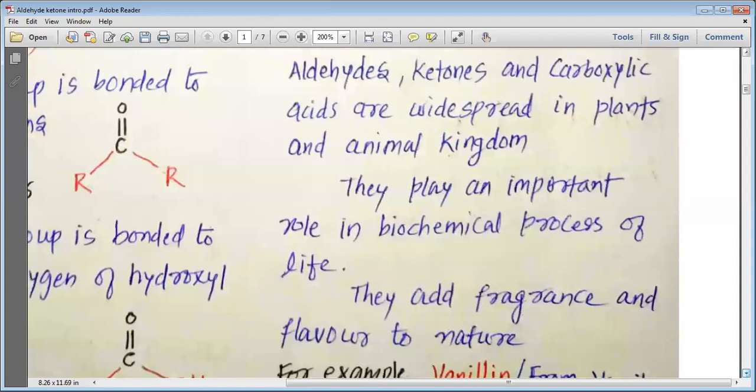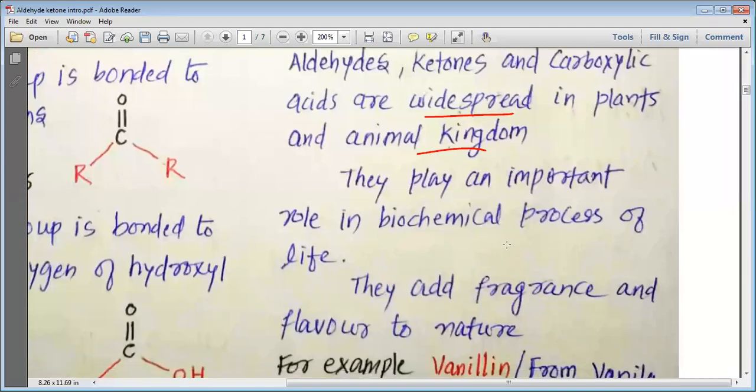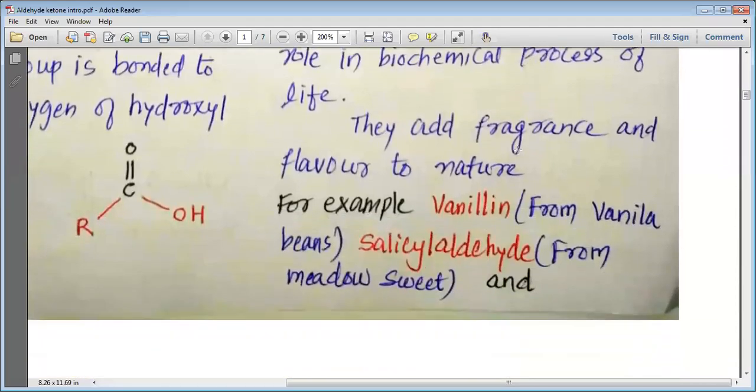Thus, my dear students, aldehydes, ketones and carboxylic acids are widespread in the plant and animal kingdom. They play an important role in the biochemical processes of life. They add fragrance.